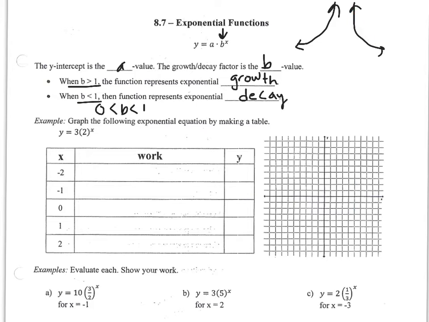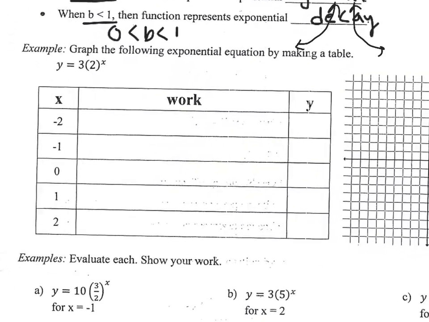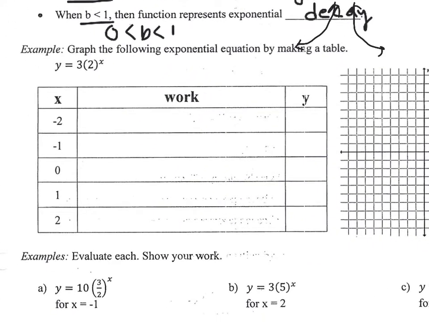So example, graph the following exponential equation by making a table. So what I'm going to do is fill in this table using this function right here. So I'm substituting x is negative 2, x is negative 1 into the function.